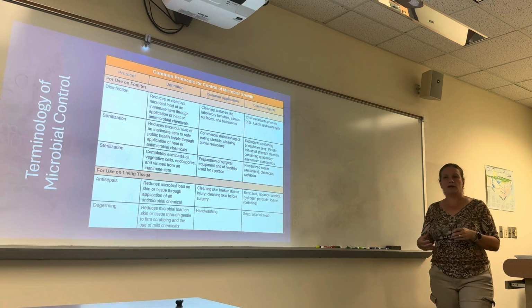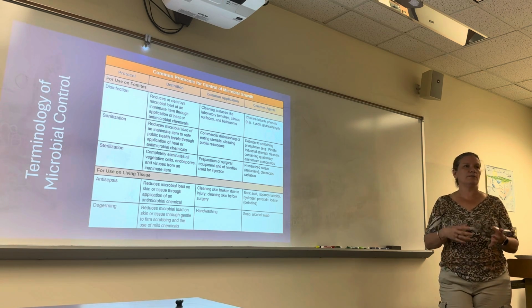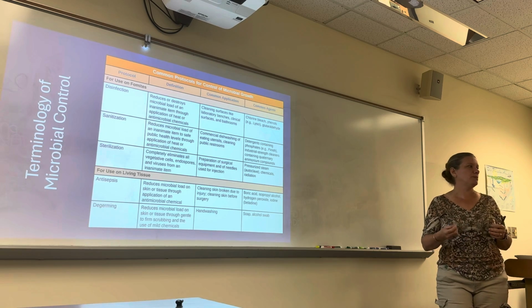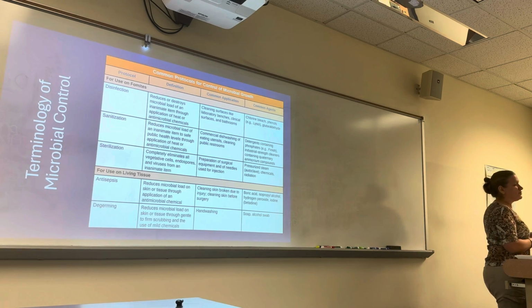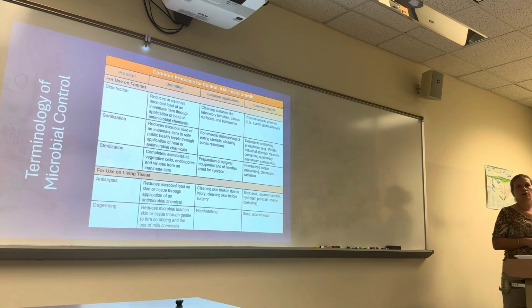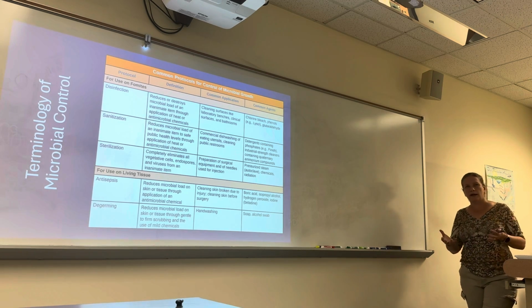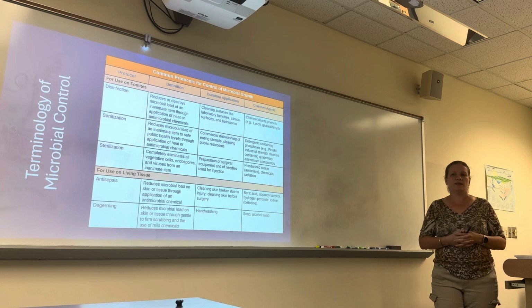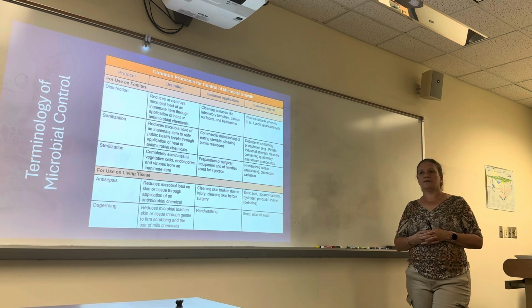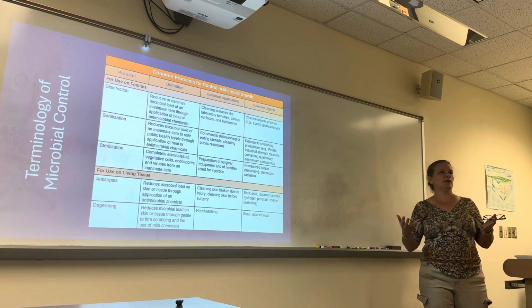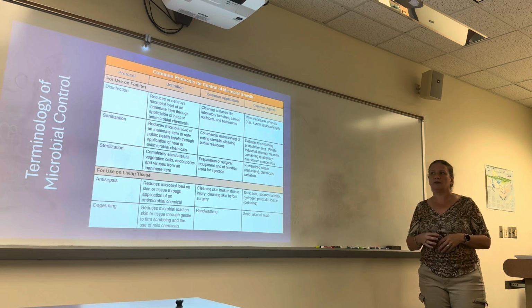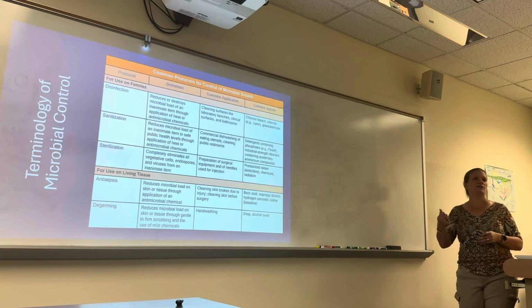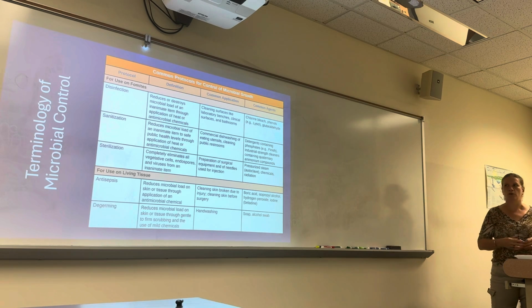So the fomites are things like doorknobs, tabletops, your phones, the silverware, plates, a glass or a pitcher that you might be using if you sit down at a table with the family. These are referred to as fomites because multiple people are going to be coming into contact. Toilet seats, faucet handles, and so forth.